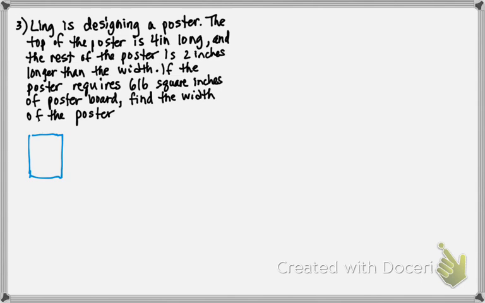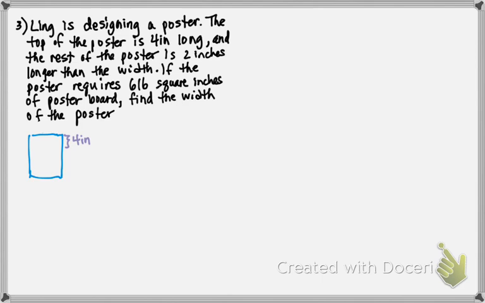The top of the poster is 4 inches long. So what they're talking about is this is the top of the poster, and that's 4 inches, okay? And then it says the rest of the poster is 2 inches longer than the width.